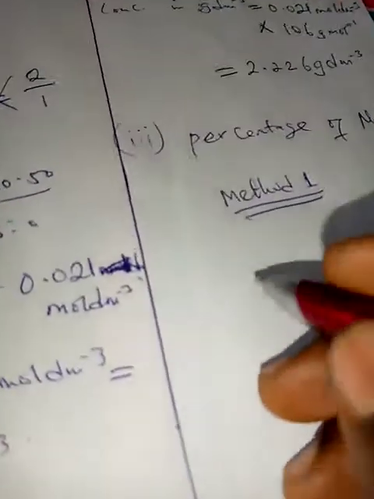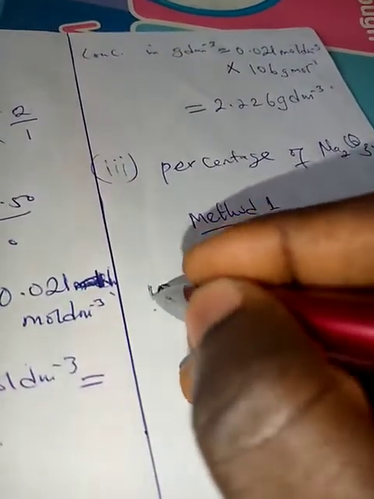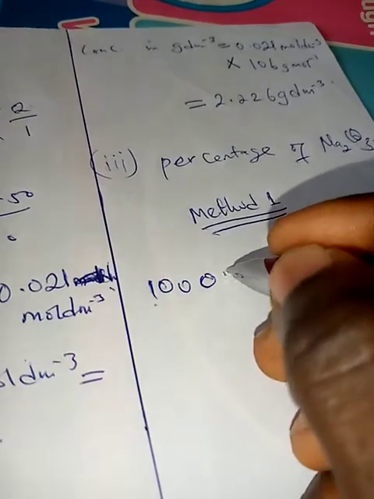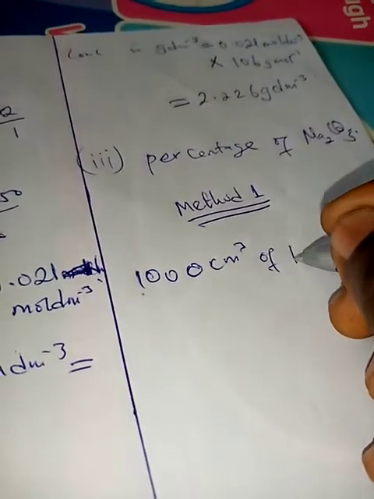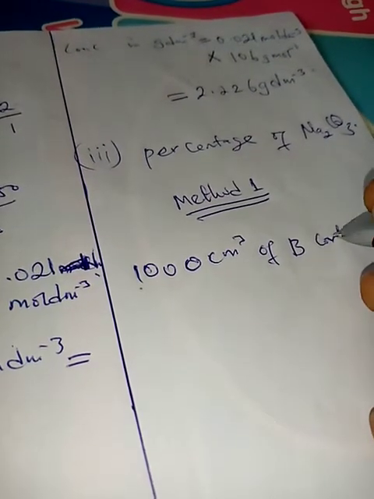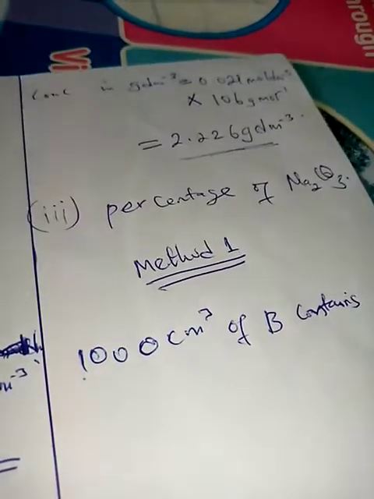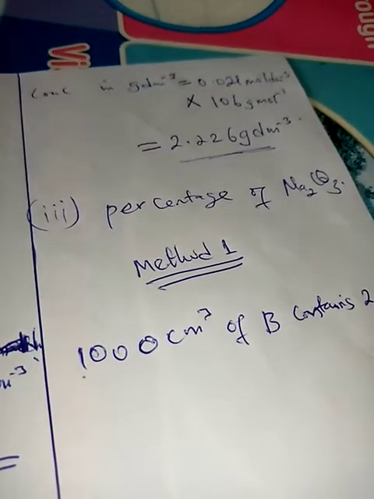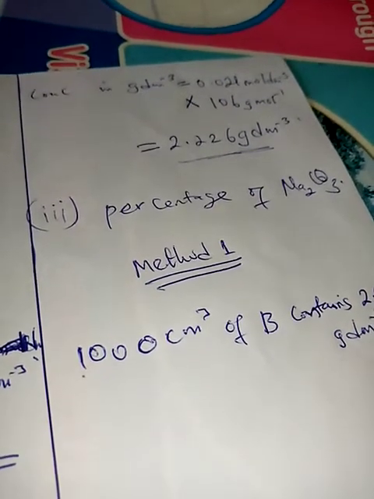I'm going to say 1000 cm cube, that is 1 dm cube of B, contains the value that we calculated, 2.226 gram per dm cube.